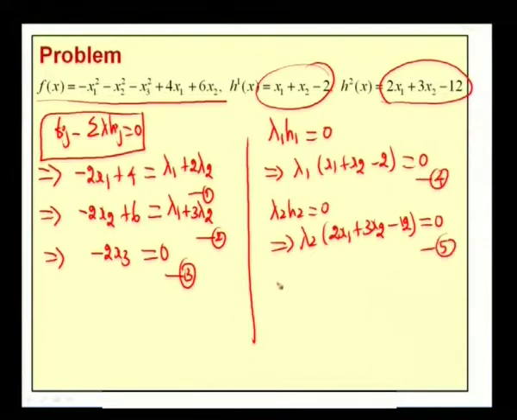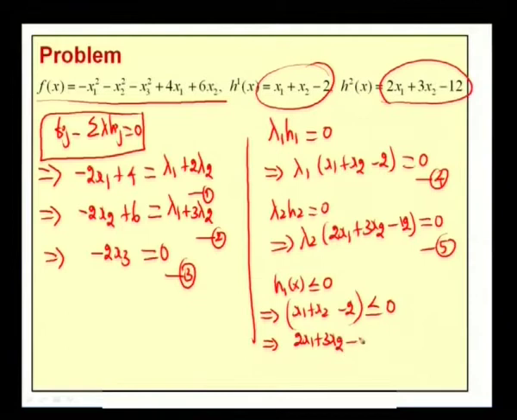The third Kuhn-Tucker condition is h_i of x less than or equal to 0. So, h1 of x less than or equal to 0 gives us x1 plus x2 minus 2 less than or equal to 0. And h2 of x less than or equal to 0 gives us 2x1 plus 3x2 minus 12 less than or equal to 0. We name it as equation 6 and this is 7.